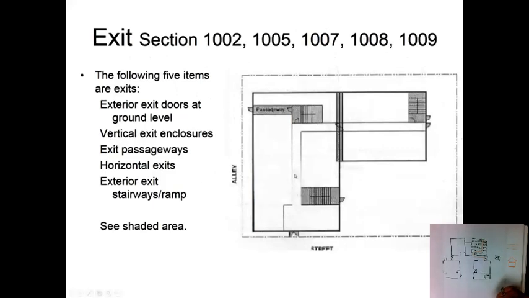You travel down here. You get into the stairs. Once you get through, there may be a corridor at the bottom of the stairs for you to be able to get out. So this is your exit. All of this is considered exit. It could be you're going from one building to another. So here you see the gray area. So this is your exit.